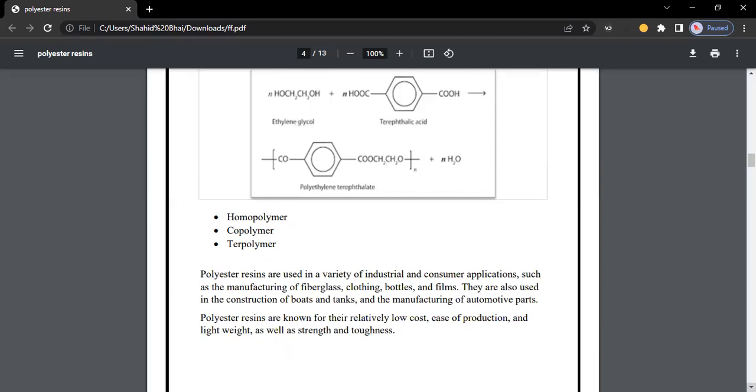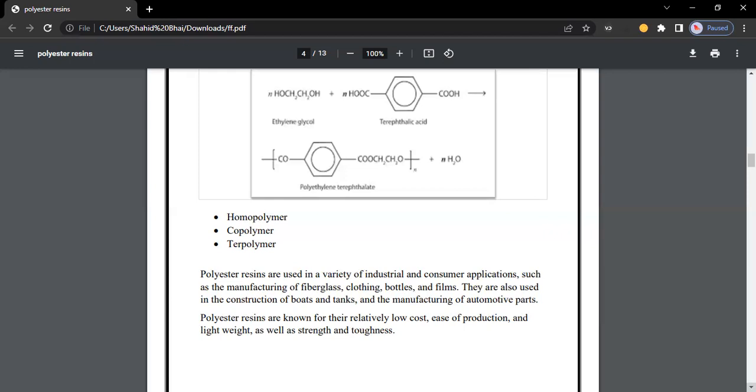Now we discuss the copolymer. A copolymer is identified by its name. Co means two. Two different monomers, when they combine, form the polymer.